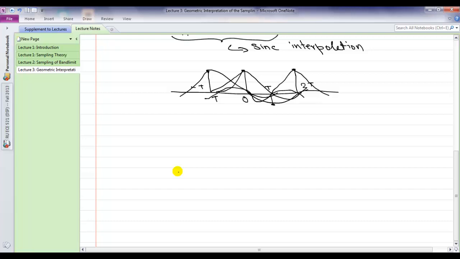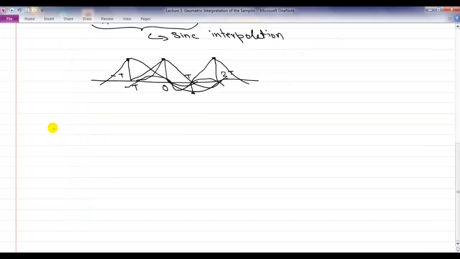So the main question we want to address right now is what happens if our signal does not come from the class of band-limited signals. Remember, the Shannon-Nyquist sampling theorem is valid only if our signal comes from the class of band-limited signals. If that does not happen, we want to see what happens.